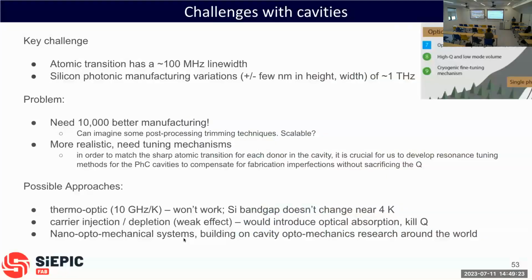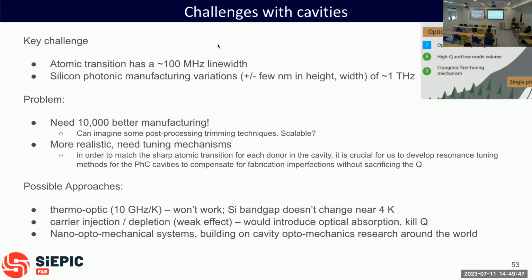Okay, so cavities. So these are the resonators. The challenge here is the atomic transition that we're trying to couple to is about 100 megahertz in linewidth. And if you manufacture the cavity, remember we're talking about 200 terahertz, or 100 terahertz, somewhere in that range, the variation that we get in our manufacturing is on the order of 1 terahertz.